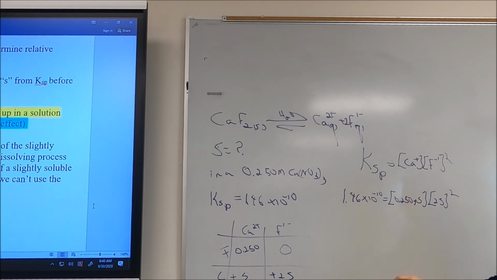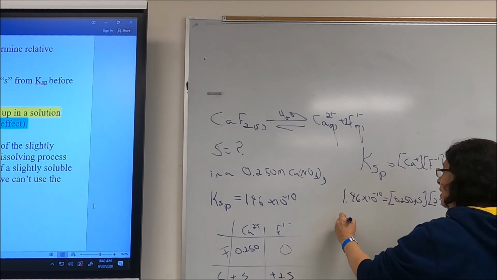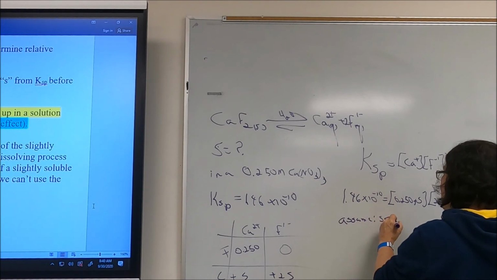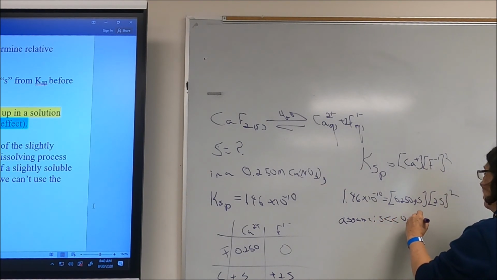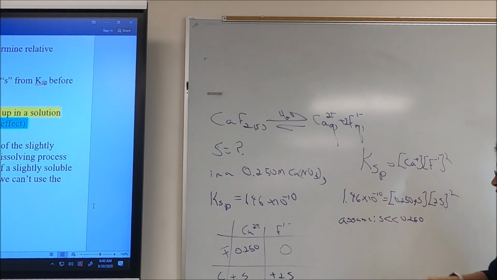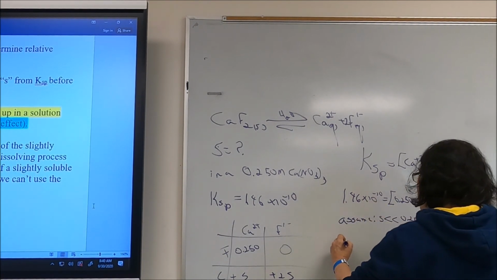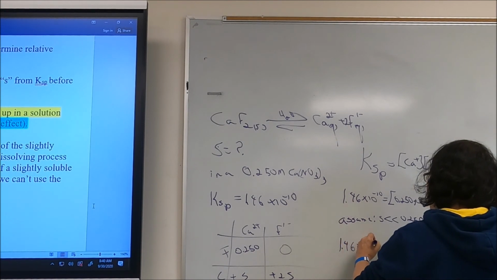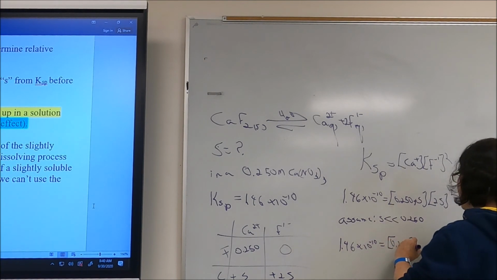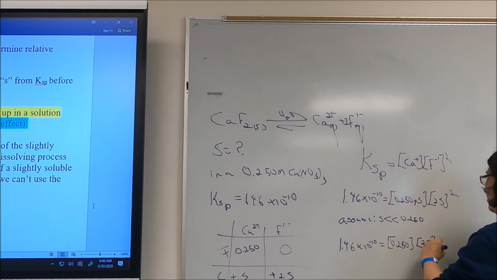Now, with slightly soluble salts, and in this kind of problem, 99.9999999% of the time we make an assumption. I'm going to assume that S is going to be much, much less than 0.250. Look how small the K is. Okay, that's why I can do that. So now I get 1.46 times 10 to the minus 10 is equal to 0.250 times 2S squared.